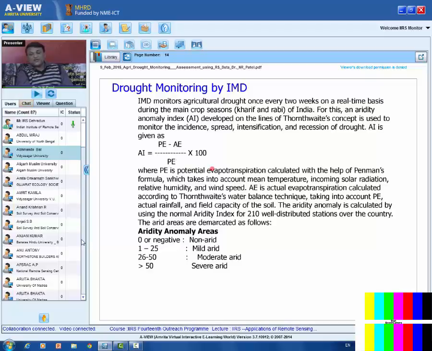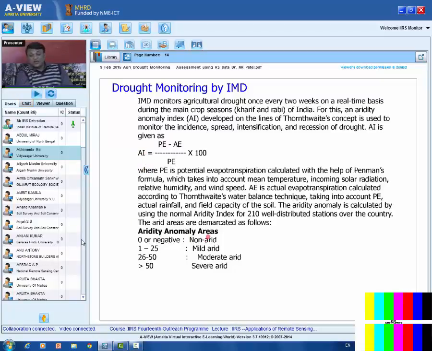Based on the individual available water capacity obtained from the soil map of India, that is from the National Bureau of Soil Survey and Land Use Planning, time series of PE and rainfall can be used to simulate soil moisture and actual evapotranspiration using the soil water balance model. This actual evapotranspiration along with the potential evapotranspiration is then used in computing the aridity index.